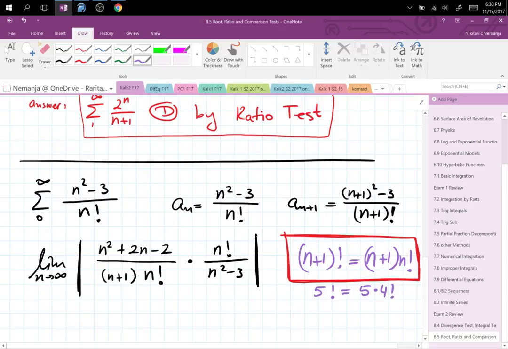Because 4 factorial contains 1, 2, 3, 4, and then times 5 makes it 5 factorial. So you can peel off 1 or 2 or 3 or whatever amount of terms you want. Right? 5 factorial can also be written as 5 times 4 times 3 factorial. Because 3 factorial will contain everything down to 1, and then you have 4 and 5, so it creates 5 factorial. So you have to multiply all of the integers all the way back to 1.